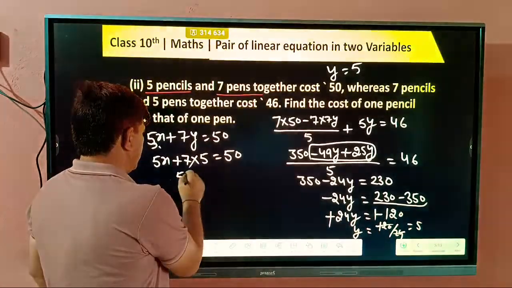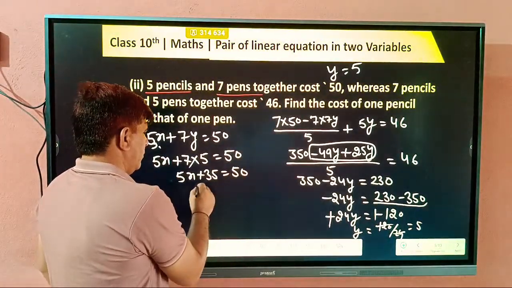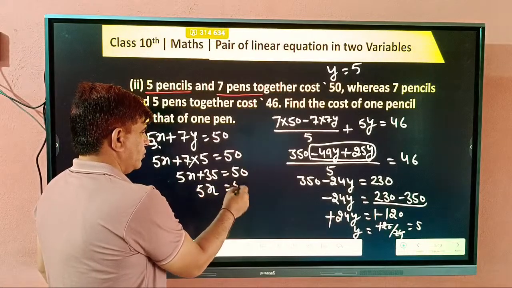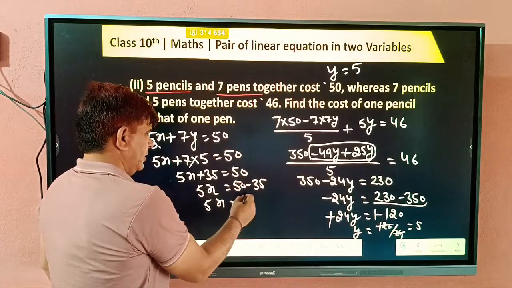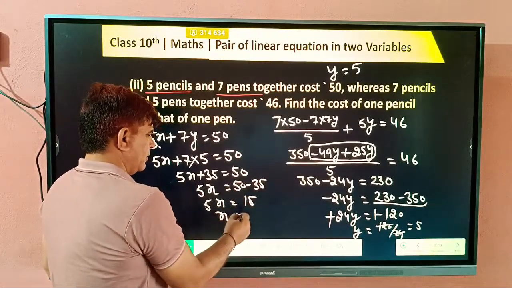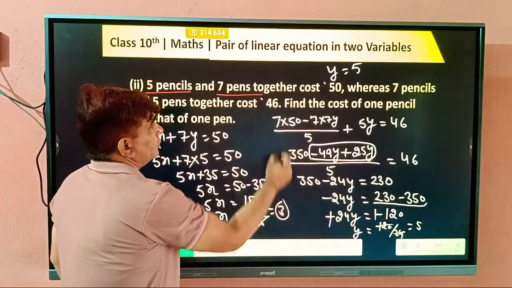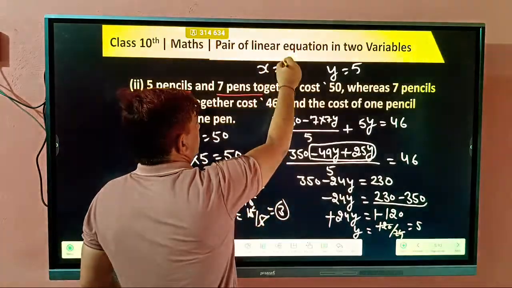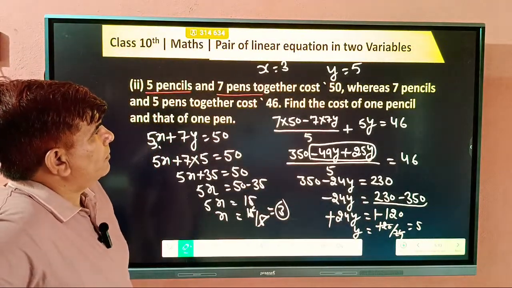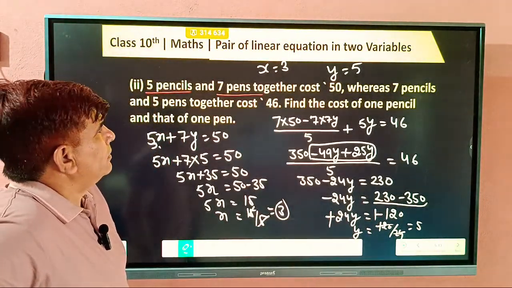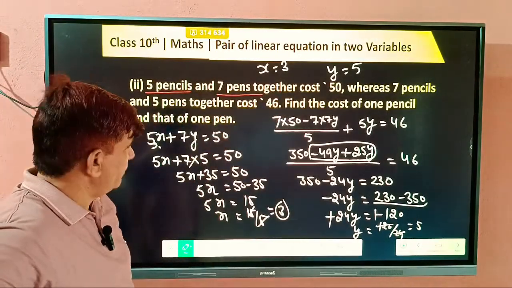So 5X plus 35 is equal to 50. 5X is equal to 50 minus 35. So 5X is equal to 15. So what's the value of X? X equal to 3. Then what's the price of one pencil and pen? Pencil 3 rupees, pen 5 rupees.